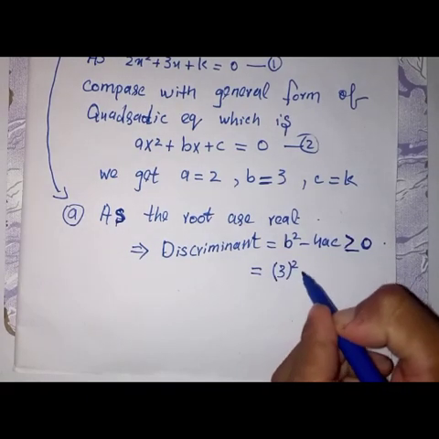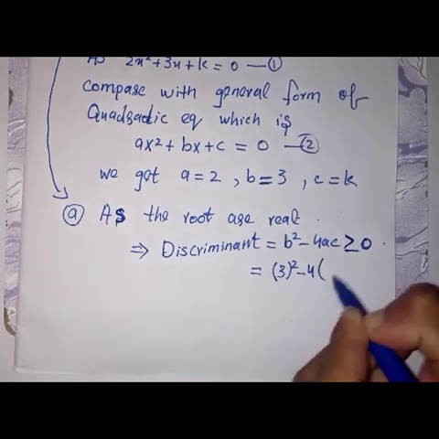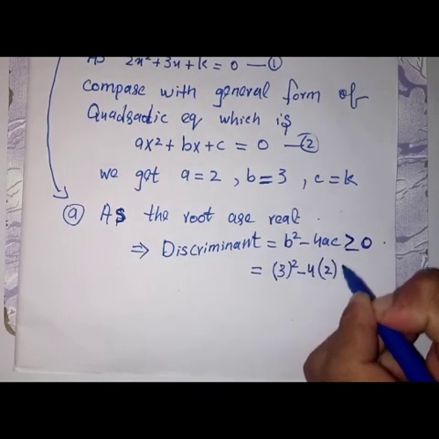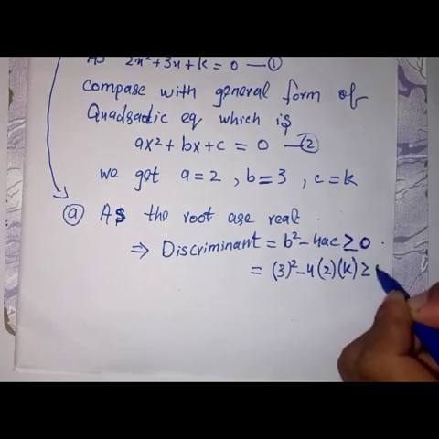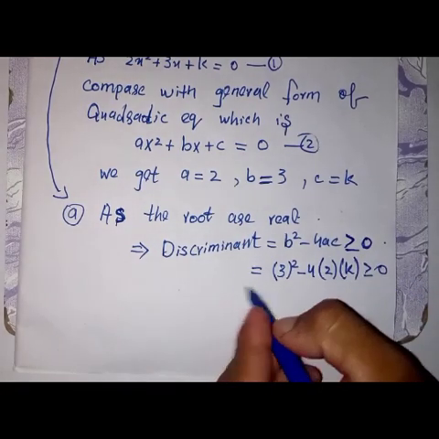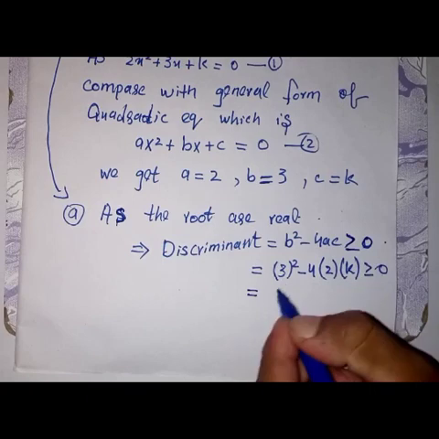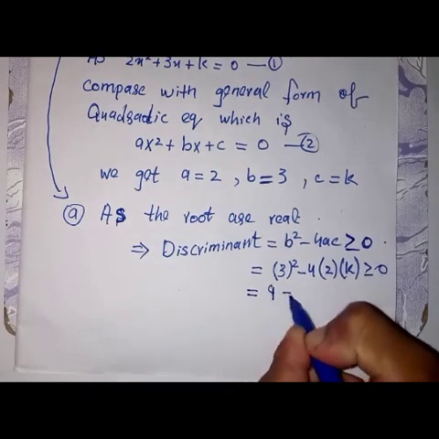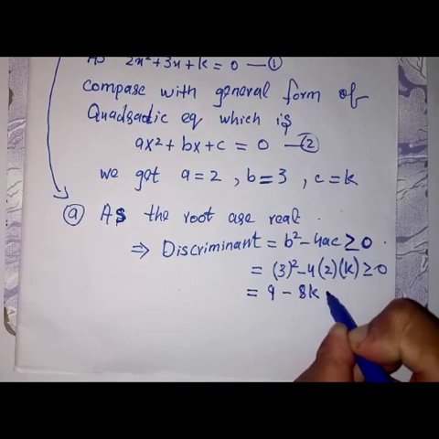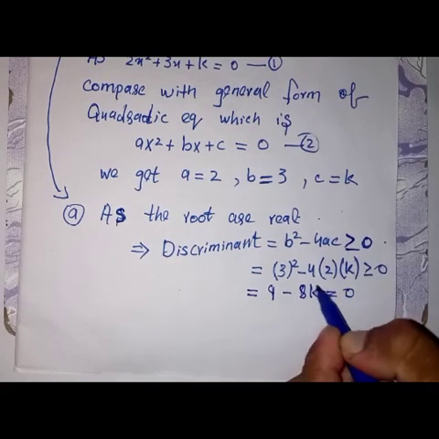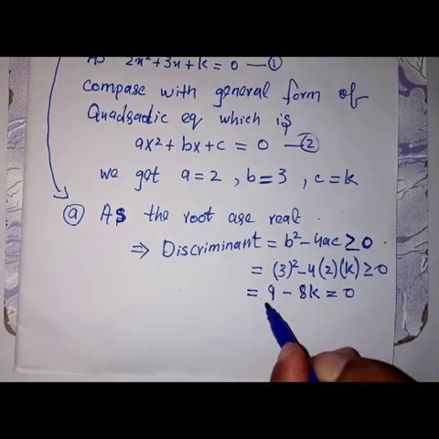So we get 3 whole square minus 4 into 2 into k is greater than or equal to 0. So we get 9 minus 4 into 2 is 8 into k, so it's 9 minus 8k is greater than or equal to 0.